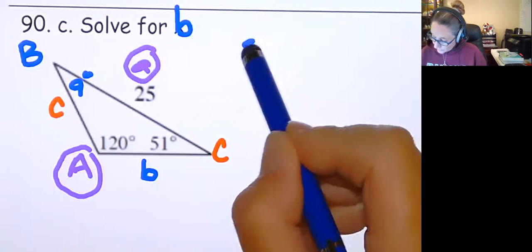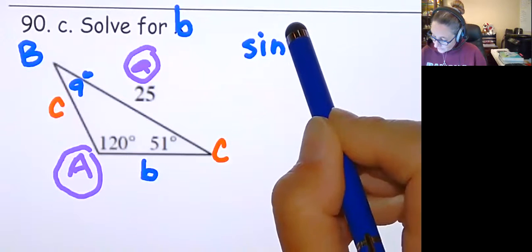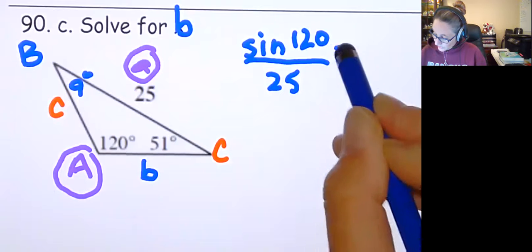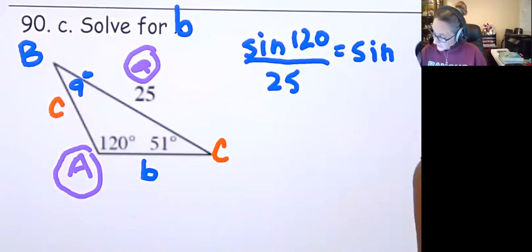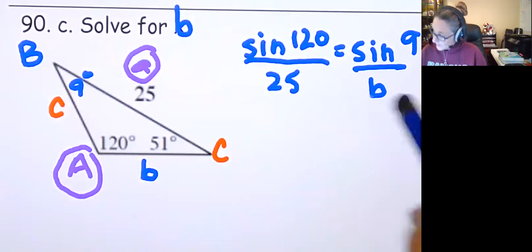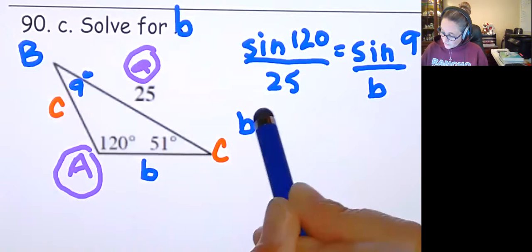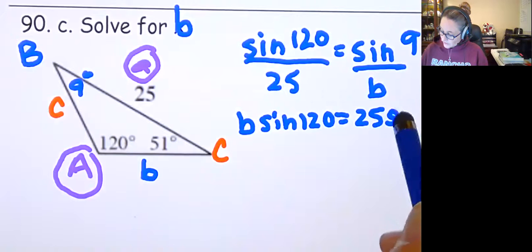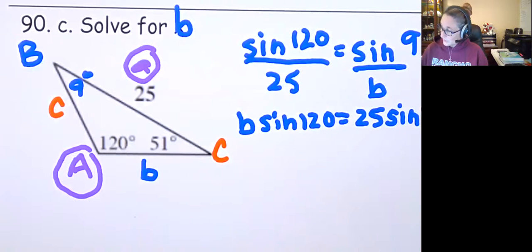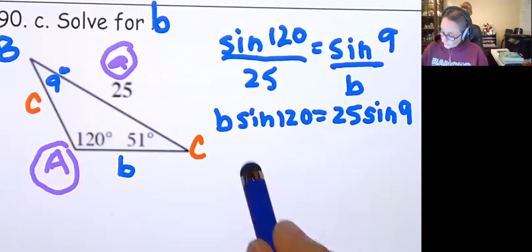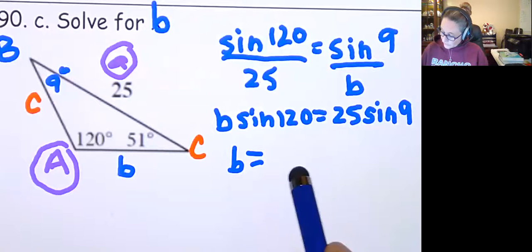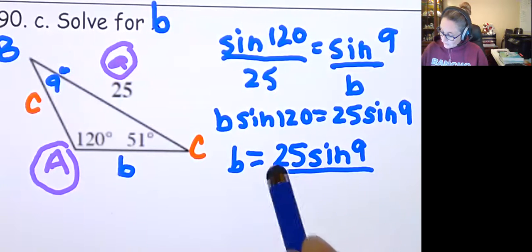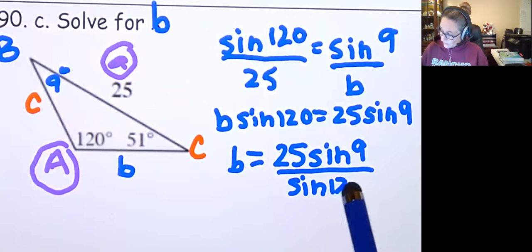So I'm going to do sine of 120 over 25 is equal to sine of 9 over b, cross multiply, so I get b sine 120 equals 25 sine 9, divide both sides by sine 120. So little b, which is our x that we're trying to find, is 25 sine 9 over sine 120.